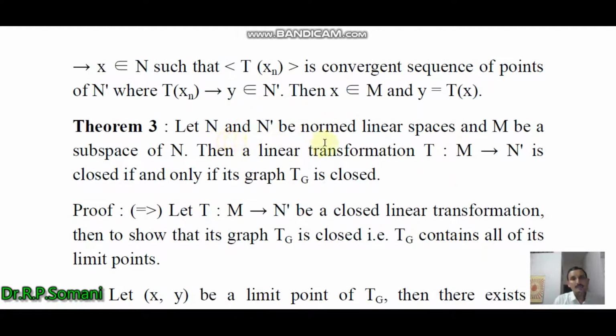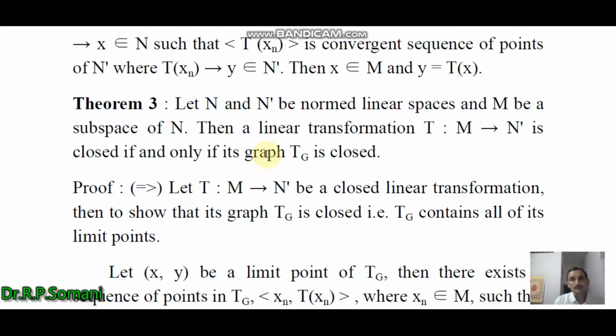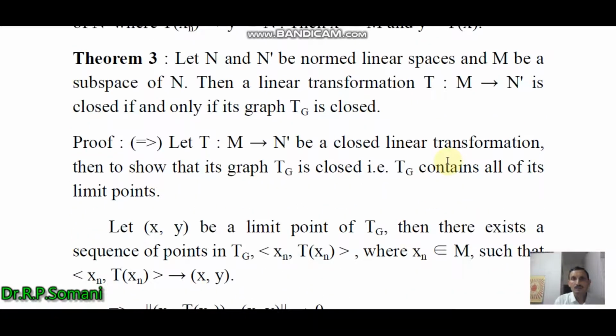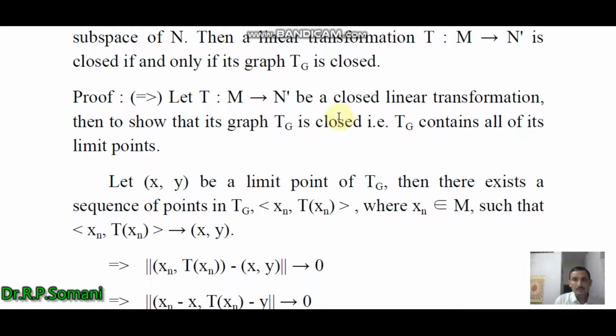Let N and N dash be normed linear spaces and M be a subspace of N. Then a linear transformation T from M to N dash is closed if and only if its graph Tg is closed. So here there are two parts.